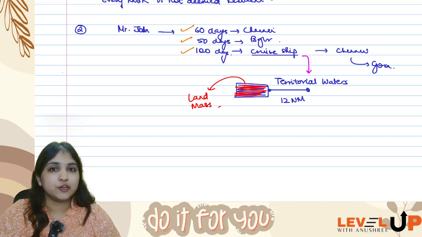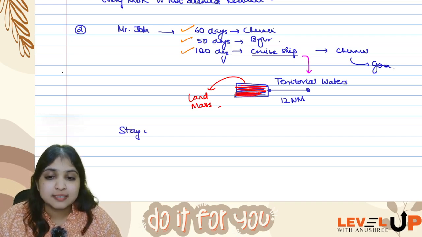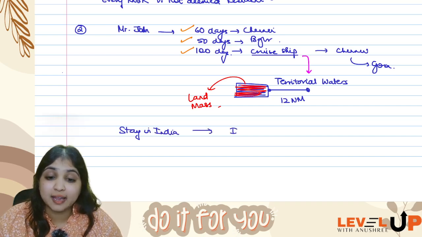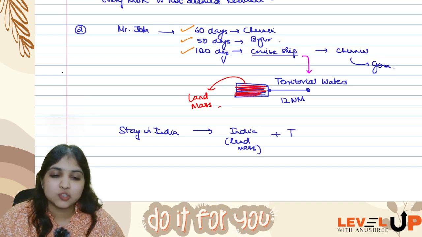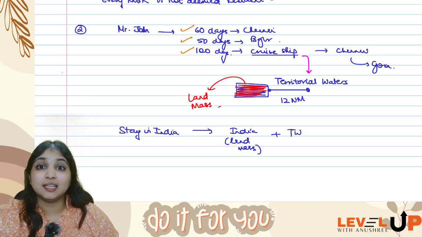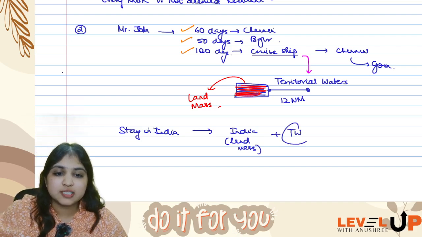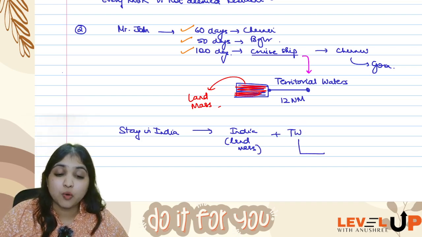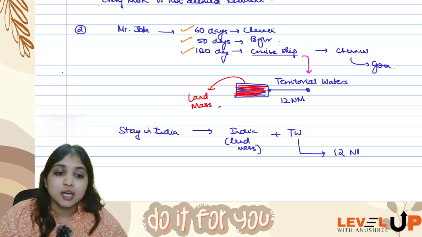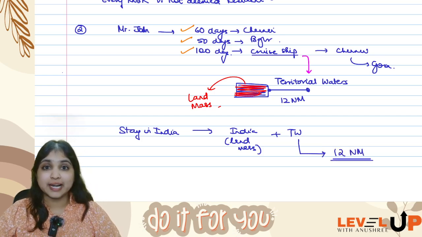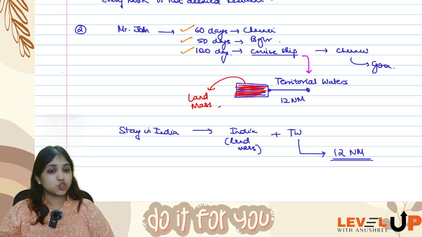So my second point of discussion with you is that stay in India is not only stay in India on the land. It is also staying in India in the territorial waters. How many nautical miles is it? 12 nautical miles from the landmass, 12 nautical miles from the shoreline.